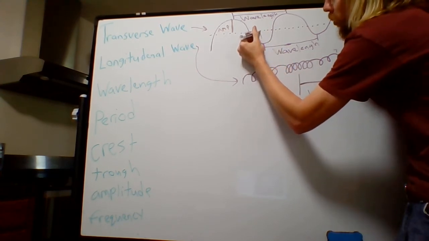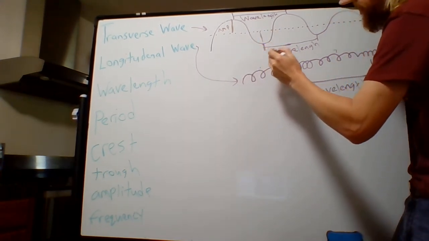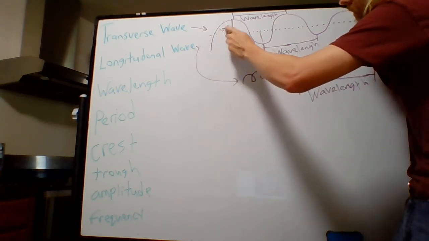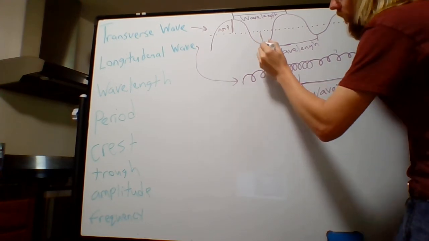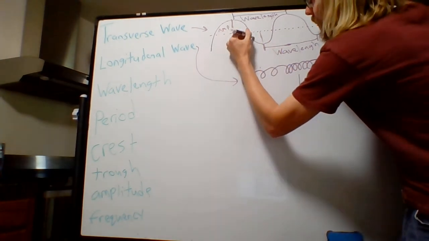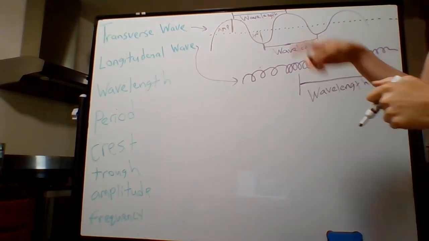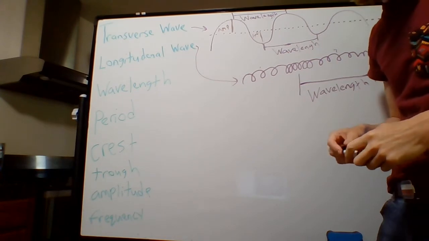So it's whatever point of the wave is furthest from the resting point. The furthest point in this situation is the crest. The furthest point in this situation is the trough at this point right here. So that's the amplitude, amp. Okay? So amplitude is the furthest point from resting point.